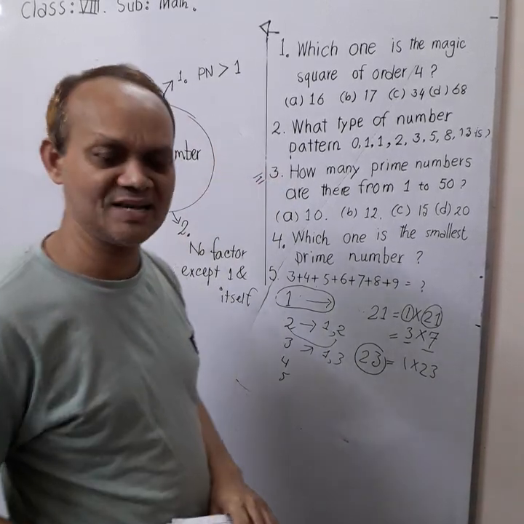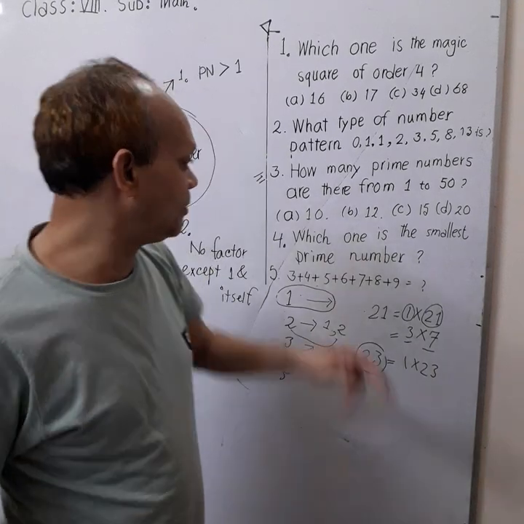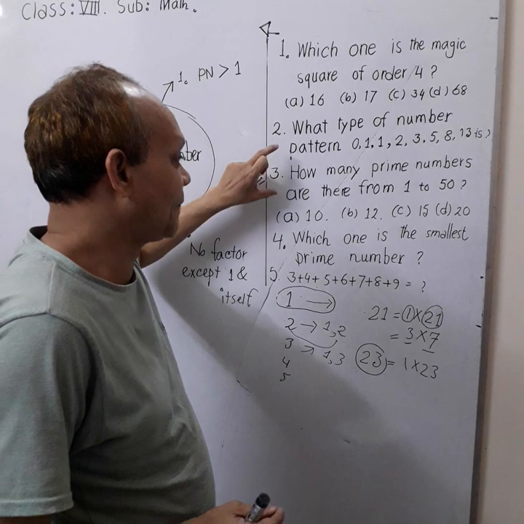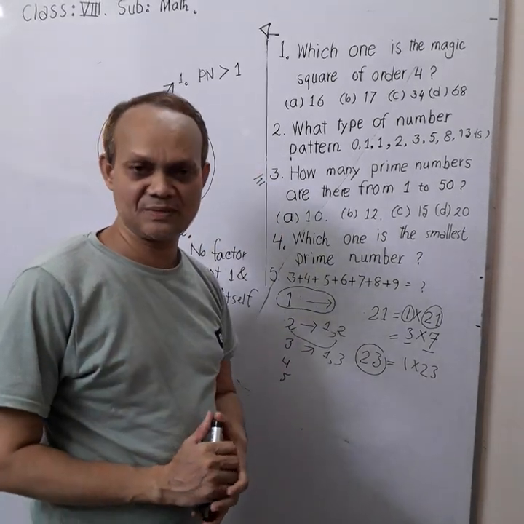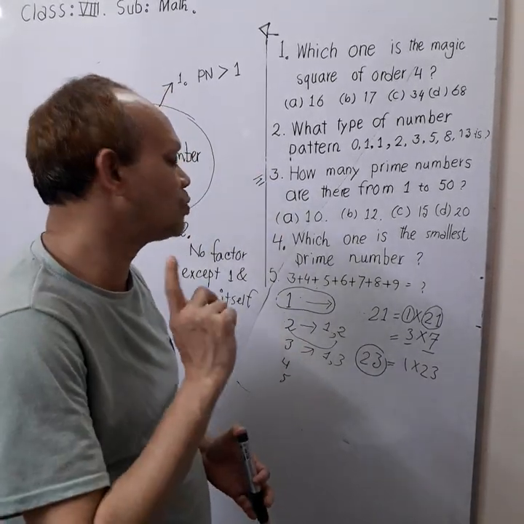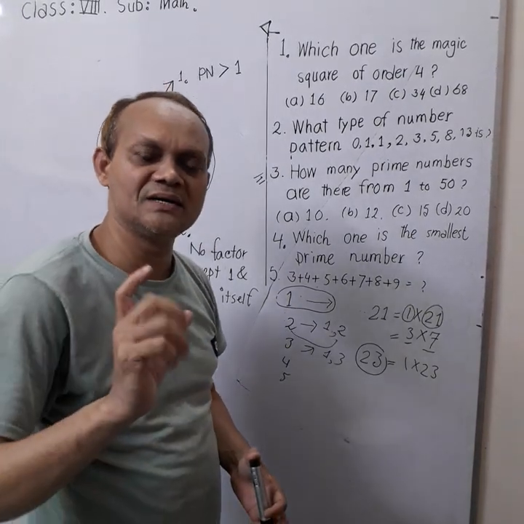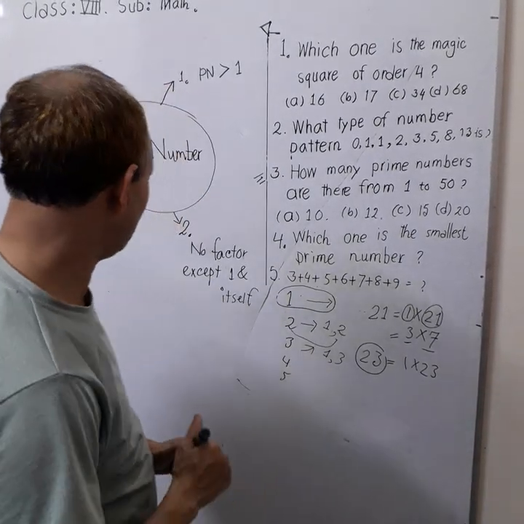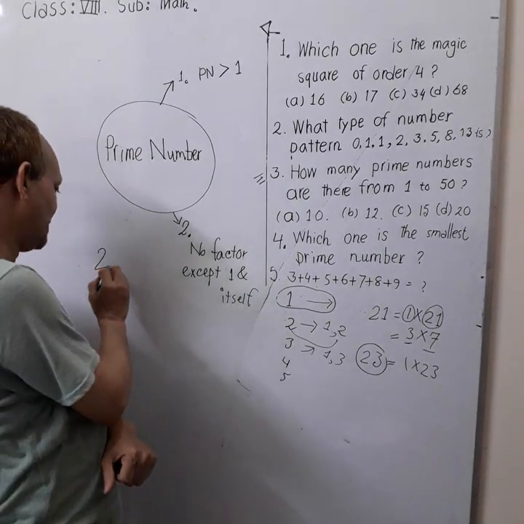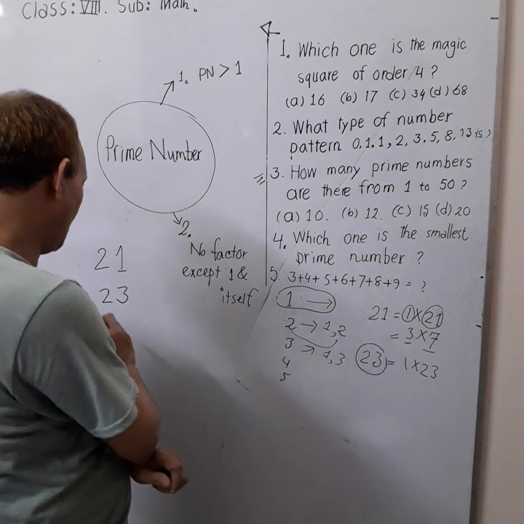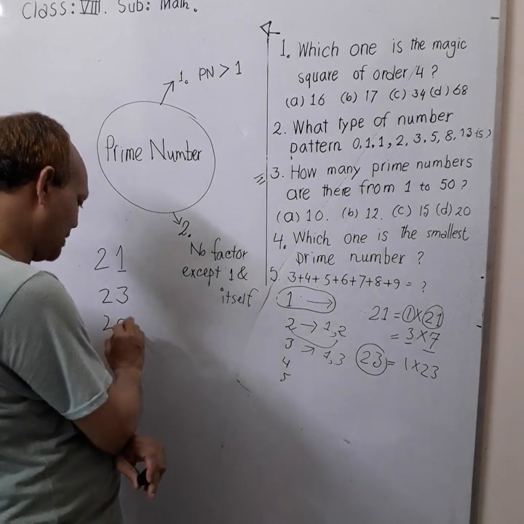My dear students, along with this type of question, there is another type of question that sometimes comes. Say, which one of the following is a prime number? You will be given some numbers. Say, think about 21, 23, and then 29.